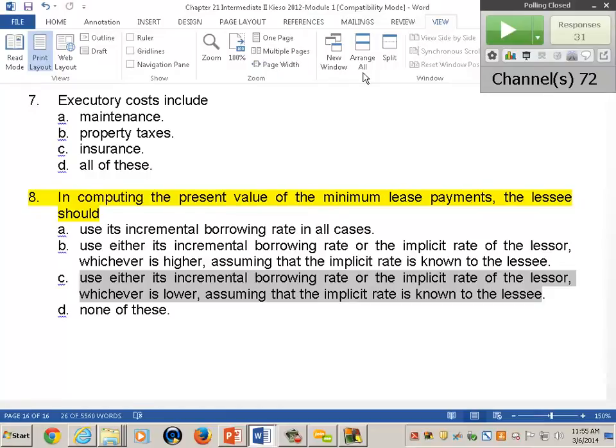And you could fail the 90% test. So if I let the lessee pick the higher rate, it would in fact result in a failure of the 90% test and avoid capitalization.